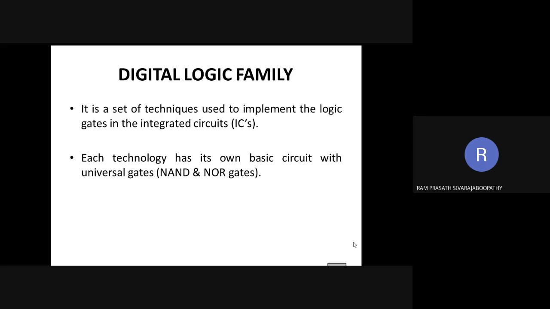So IC அப்படின்னு சொன்னோம்னா it must be having many number of logic gates. Yes, Rizwan, very good. Yes, Sabri Shetty, very good. Universal gate. That means using this NAND and NOR gate, you can implement the functionality of basic gates. Right? So that's why we are saying NAND and NOR are universal gates.